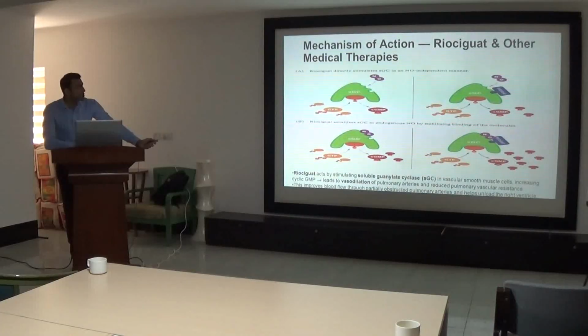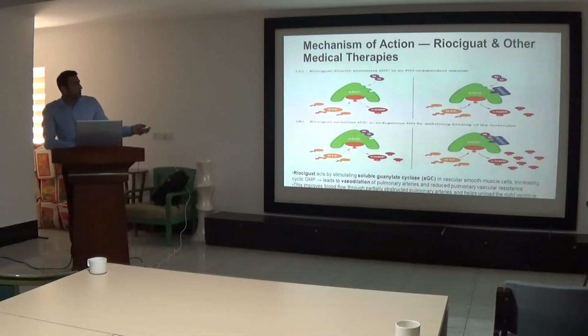Riociguat. First, for understanding riociguat, we need to know what is soluble guanylate cyclase. Soluble guanylate cyclase, sGC, is a receptor for producing cyclic GMP. Now, cyclic GMP is a protein that helps in pulmonary vasodilation. So, sGC is dependent upon nitric oxide.